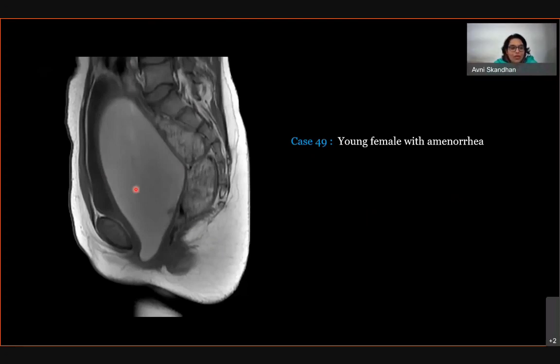Maybe in the coronal, yes. So, okay, you're seeing that the bladder is displaced here, right from the vagina, cervix, uterus, everything is dilated. It is distended with something which is T1 hypointense. It is abruptly stopped here. So, this was a hematometrocolpos and this is an imperforate hymen. So that is why it is all collected.